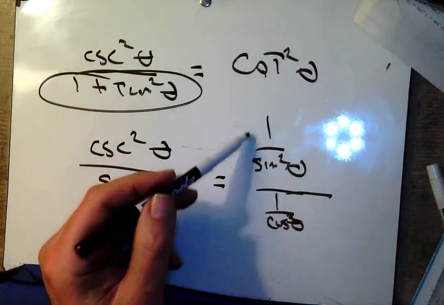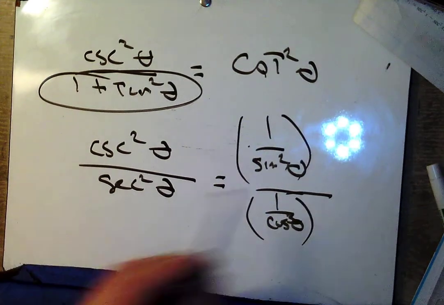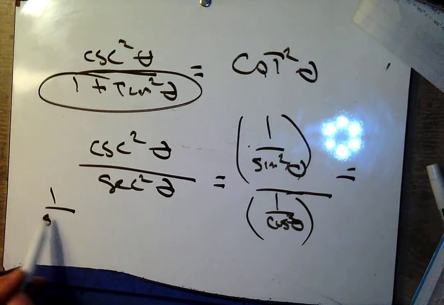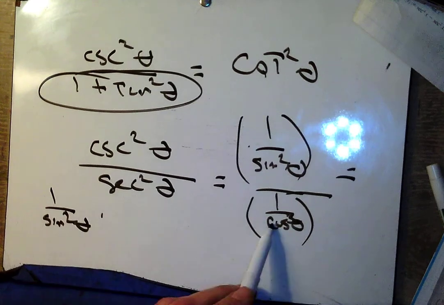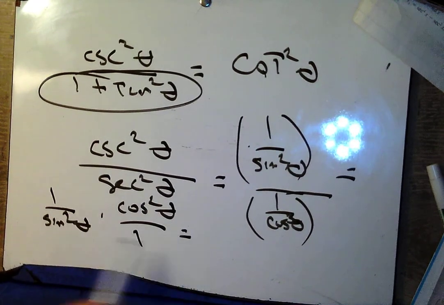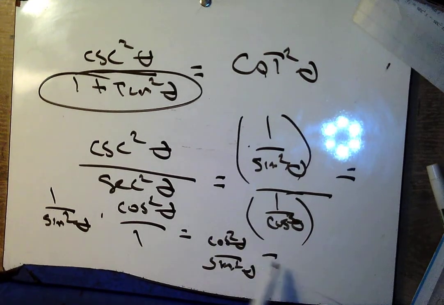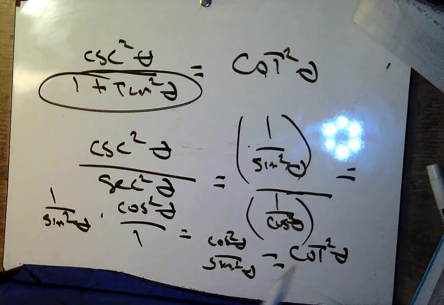And then they say, oh look, a complex fraction. A fraction divided by a fraction, I better flip and multiply. So flip cosine squared over 1. And now I've got cosine squared over sine squared, and yep, that's cotangent squared.